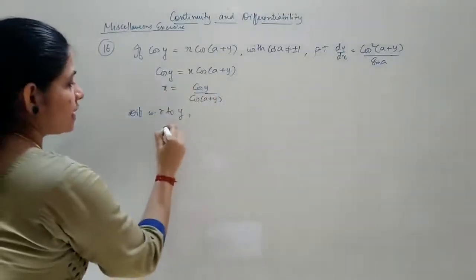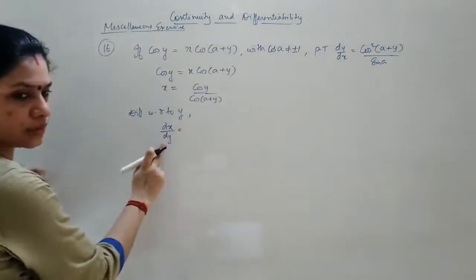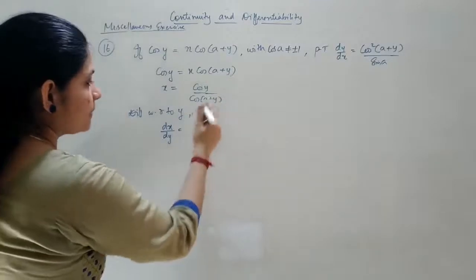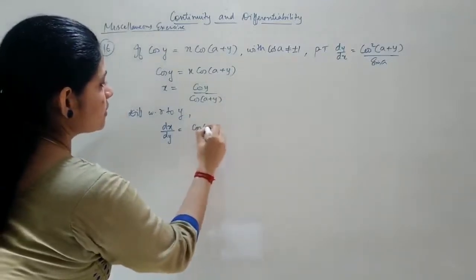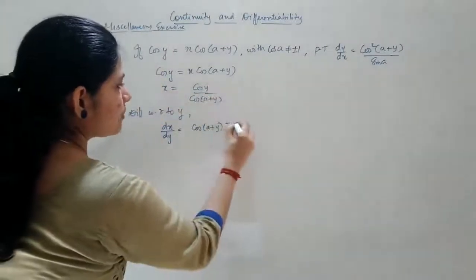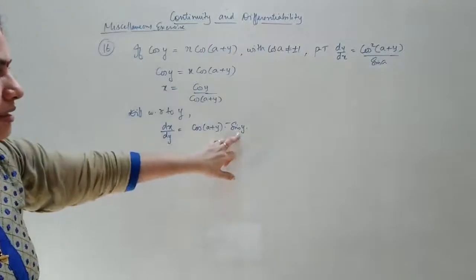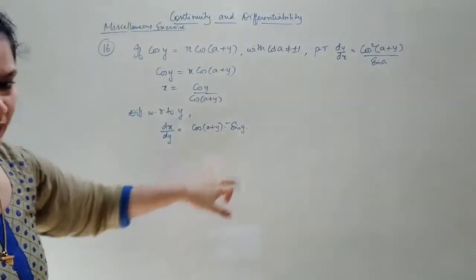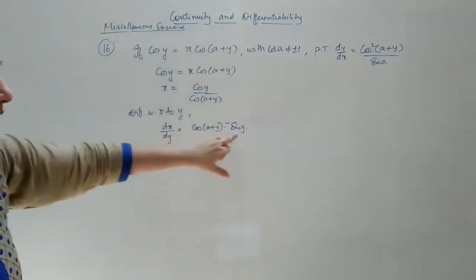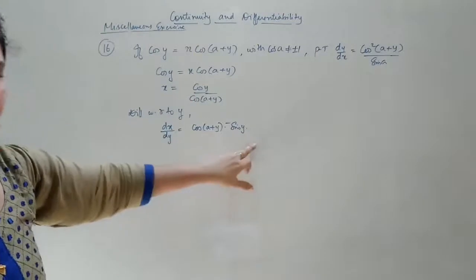So the left hand side becomes dx by dy because we are differentiating with respect to y, and here again you have the quotient rule to be applied. That means you have denominator into derivative of numerator. What is the derivative of numerator? Minus sin y. In the normal case we would write this together with a y dash, but here since we are differentiating with respect to y, it will be dy by dy only. Differentiating y with respect to y will give you 1 only.